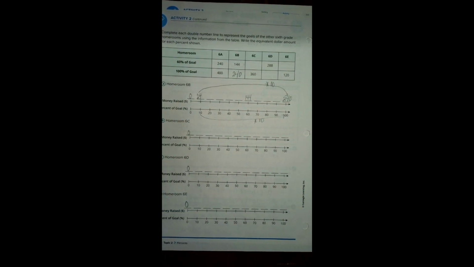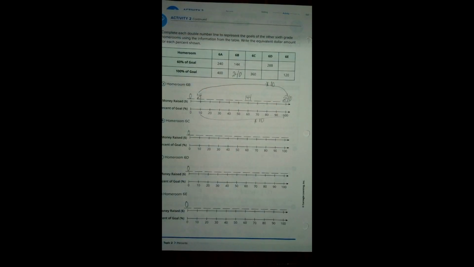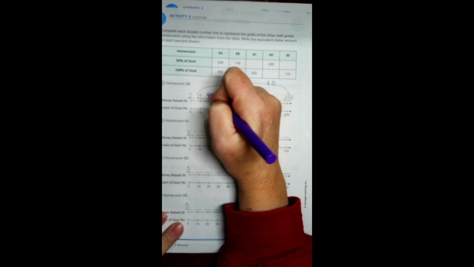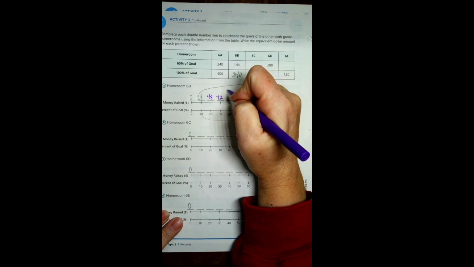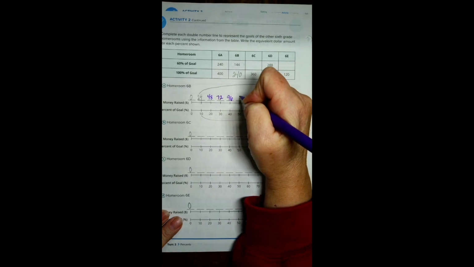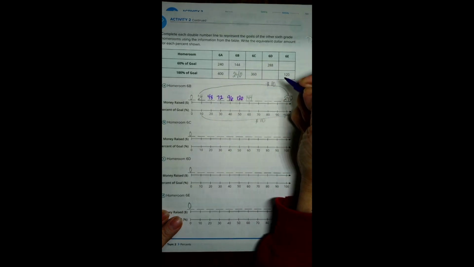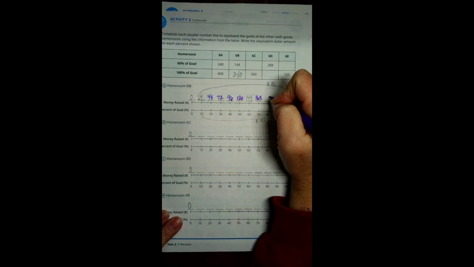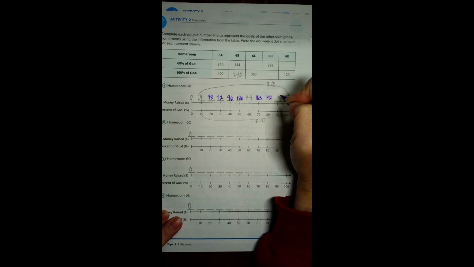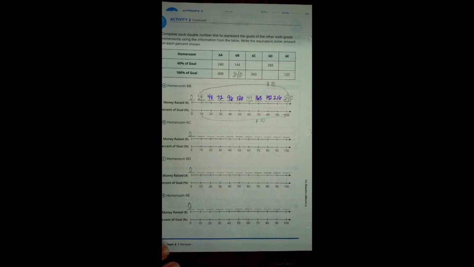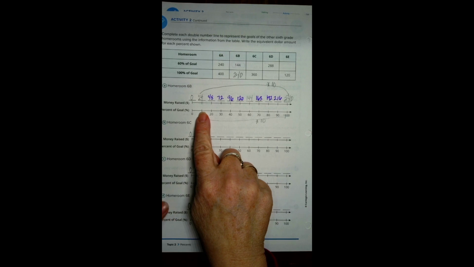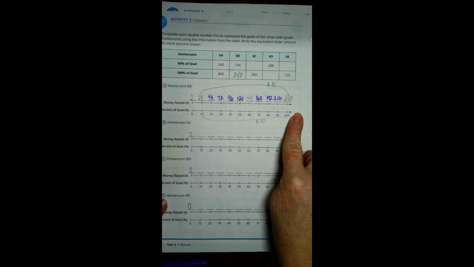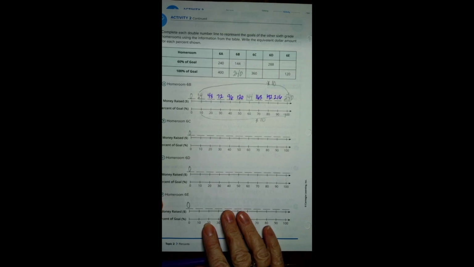So we could count up by 24s. 24, 48, 72, 96 plus 24 is 120. 144 plus 24 is 168, plus another 24 is 192, plus another 24 is 216, plus another 24 is 240. We don't necessarily have to do that because we know we're going from the 10% amount all the way up to the 100, so we're doing a times 10 and a times 10.